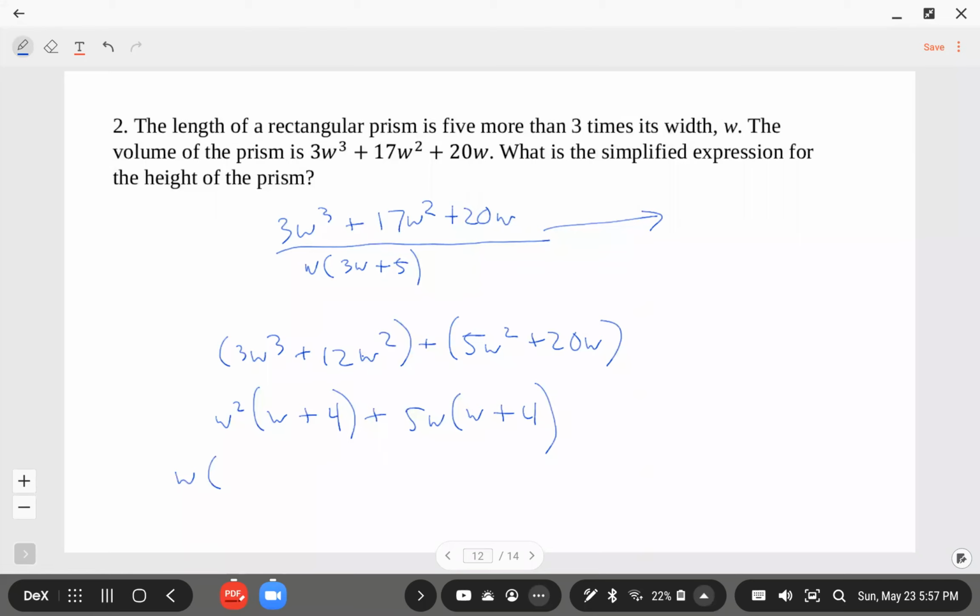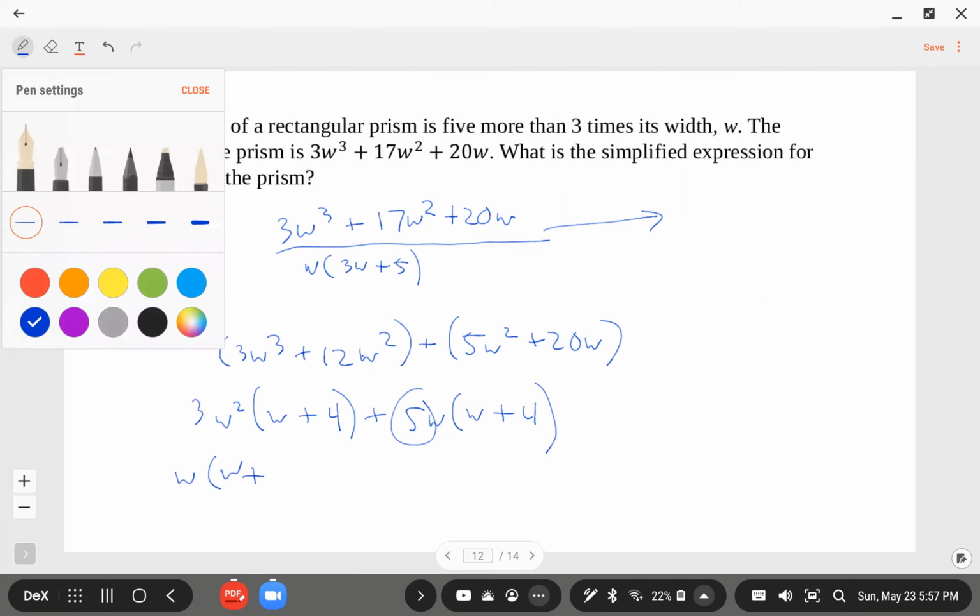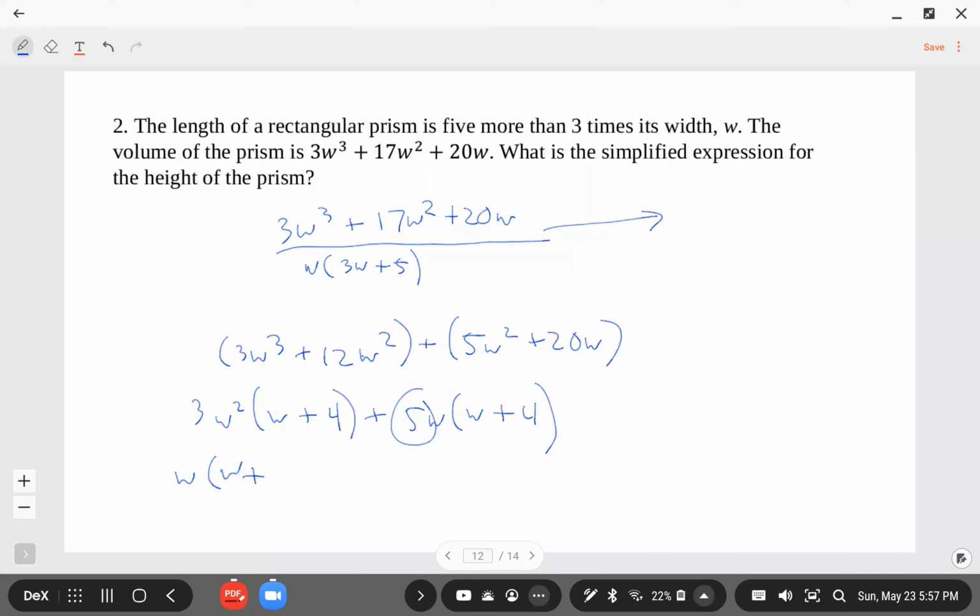W times, because this is basically w squared and 5w. It's just w. W plus. Wait, did I just erase the 3? The 3 is right here. So then, why is this pen so annoying? 3w plus 5.